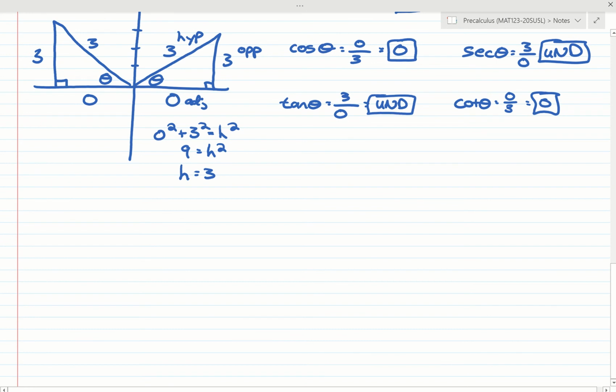Next, I wanted to talk about what are called quadrantal angles, using the unit circle.